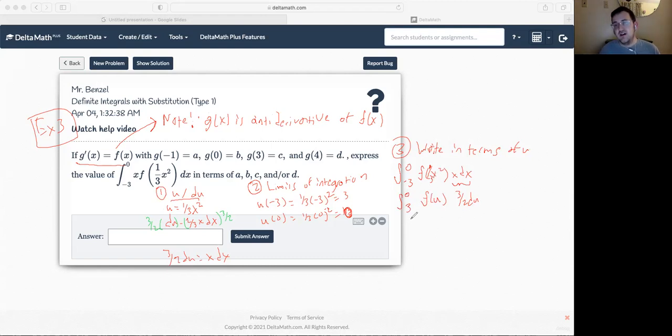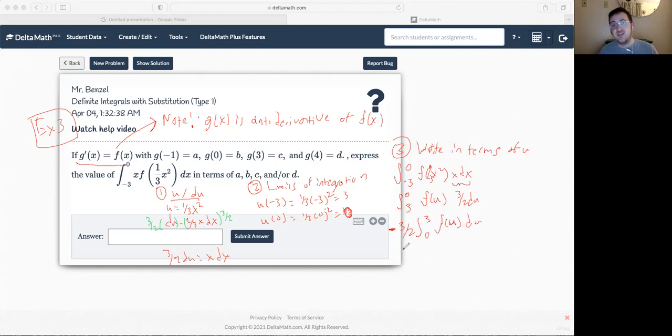And then I'm just going to pull out that 3/2 and flip the integral sign. This is going to be a negative 3/2, and then we're going from 0 to 3 of f of u du. Now note, g of x is the antiderivative of f of x.